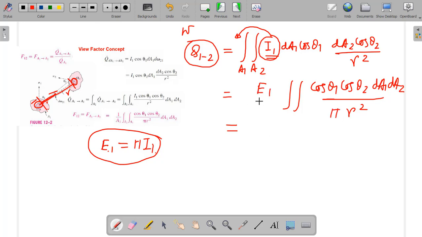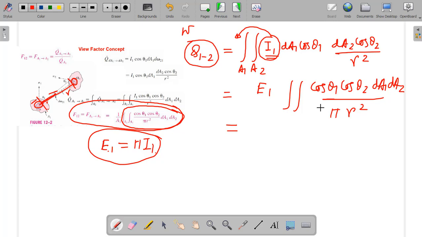If you observe carefully the expression of the view factor, it is 1 by A1 into this bracketed integral term, and this integral term is exactly the same as this one.